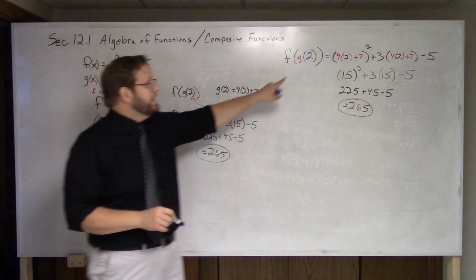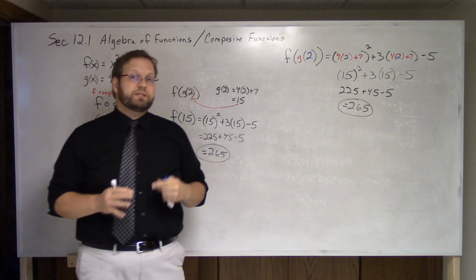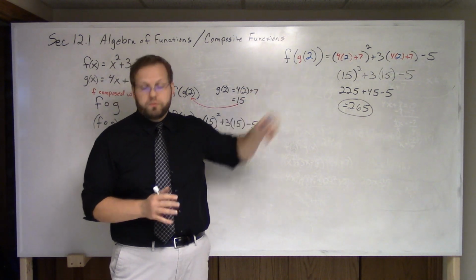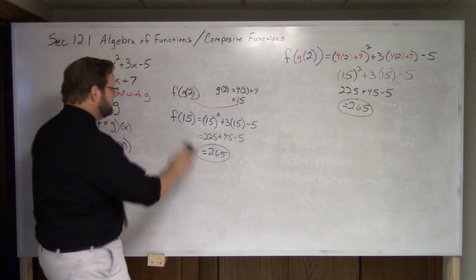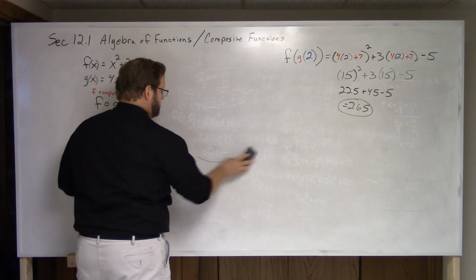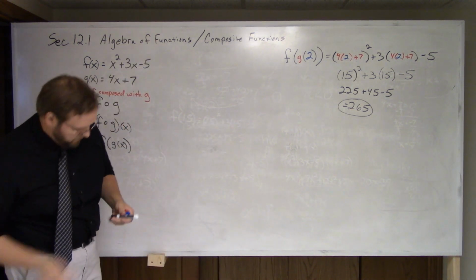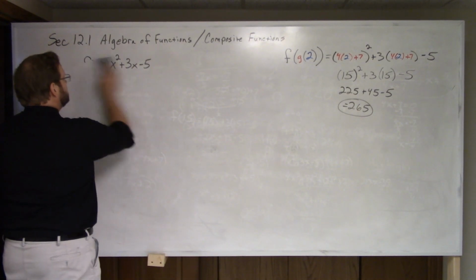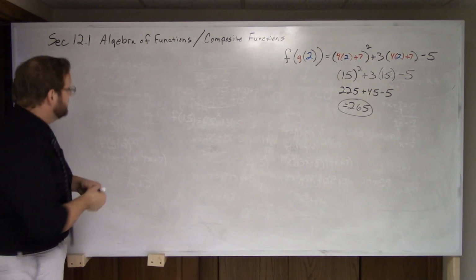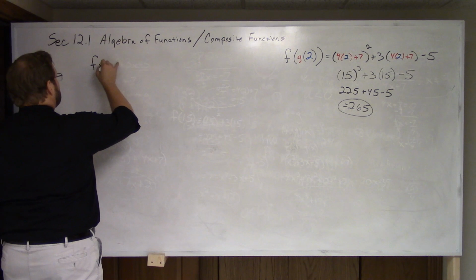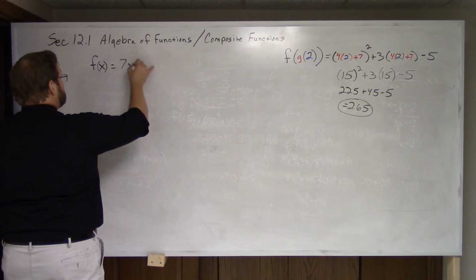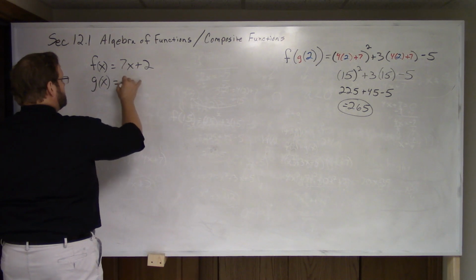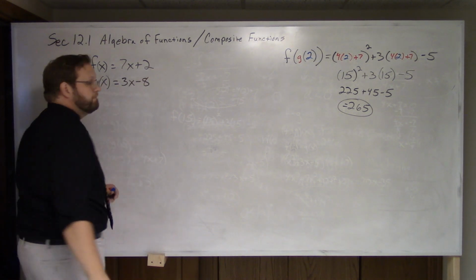Another reason I like this one is when I don't define a numerical input, this is a little easier to go through. Let me show you what I mean. Let's use a couple new functions here. Let's say f of x is 7x plus 2 and g of x is 3x minus 8.